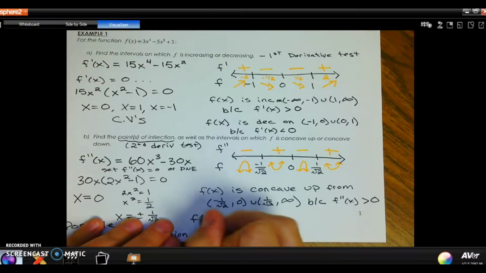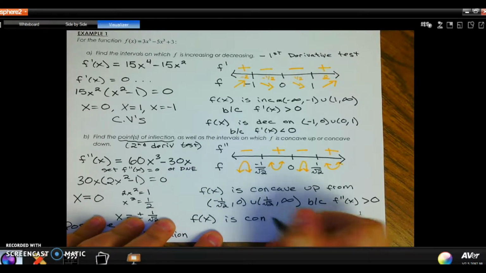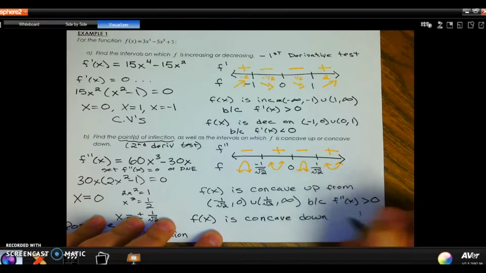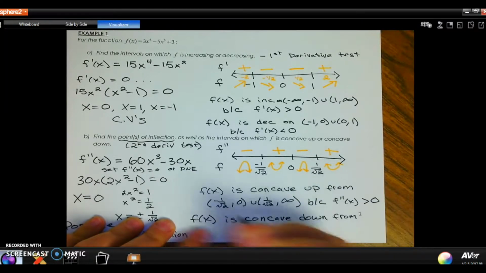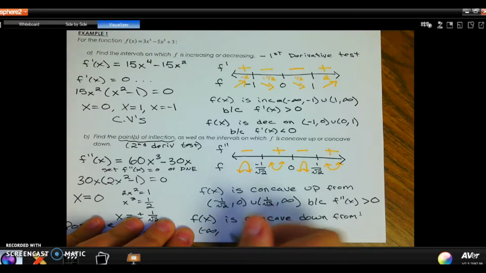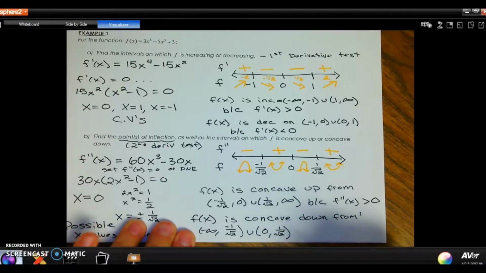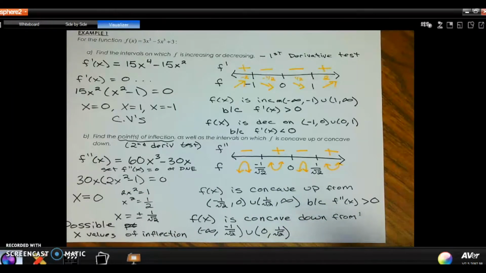And then we can say that the original is concave down from negative infinity until negative 1 over square root of 2, and then union from 0 to 1 over square root of 2 there. Okay, so what does that mean?